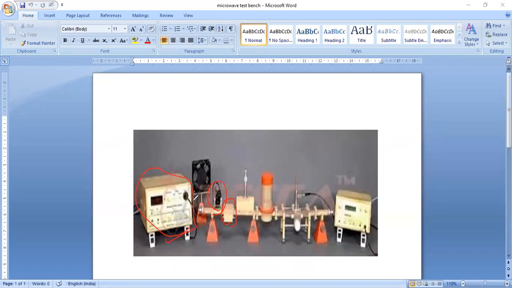In the reflex klystron, whether you remember or not, only a single cavity is used. The same cavity is used as a buncher cavity and catcher cavity. Normally, the electron beam coming from the cathode first enters the buncher cavity. To the buncher cavity, RF input is applied. In the buncher cavity, due to the RF input, velocity modulation takes place.